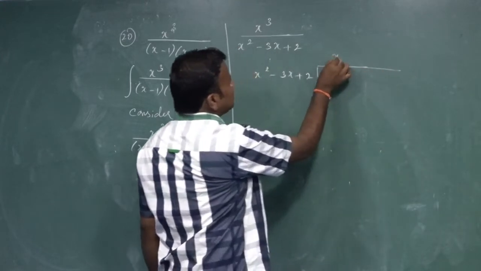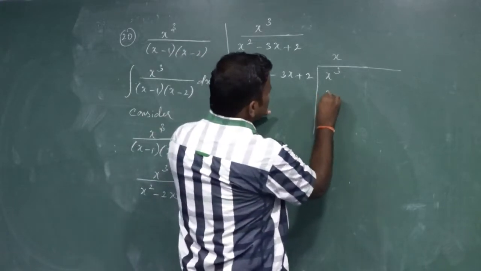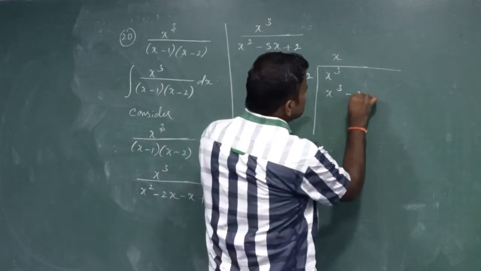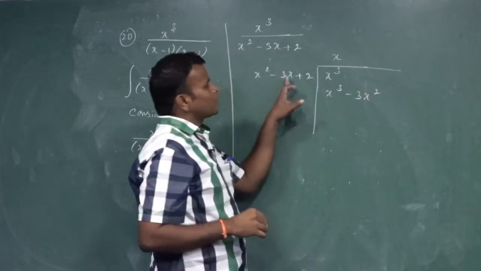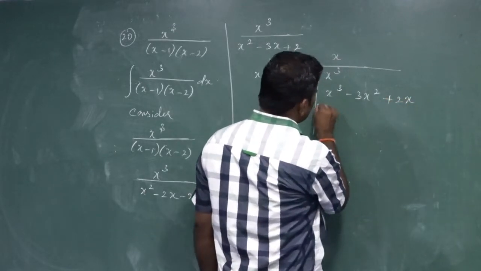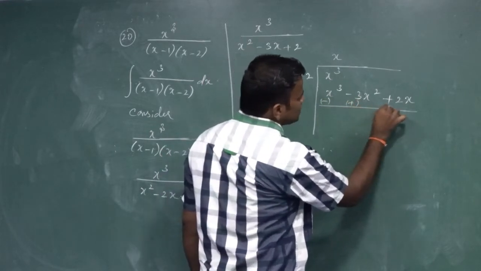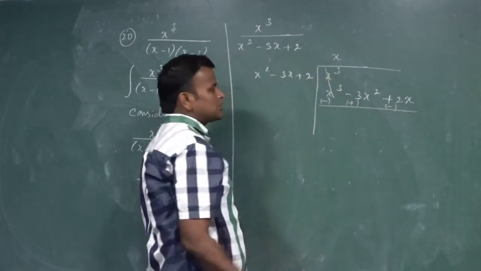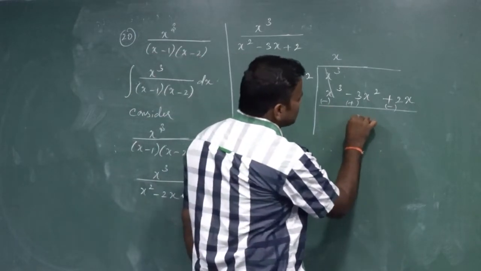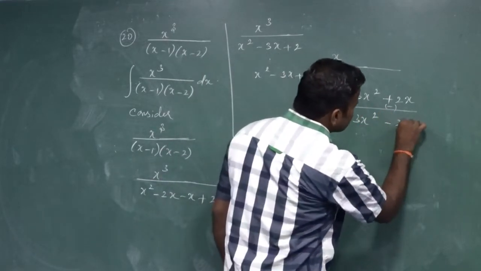So now we multiply x with these three terms. x into x squared is x cubed, x into minus 3x is minus 3x squared, and x into 2 is 2x. We change the signs, so these terms are cancelled, and we get 3x squared minus 2x.